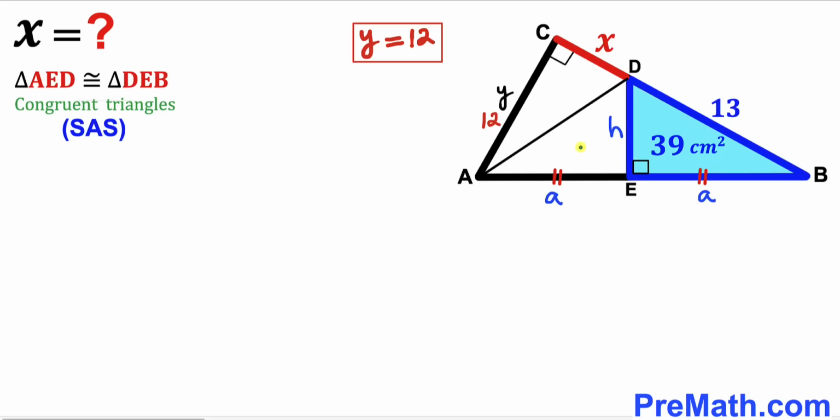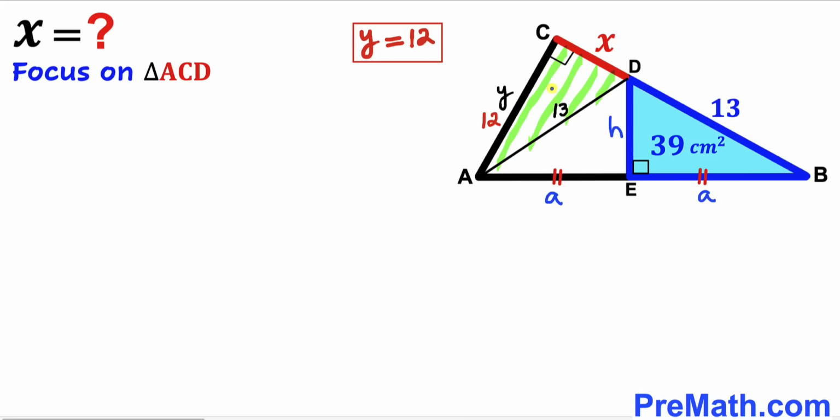And since these triangles are congruent, we conclude that this segment AD is going to be equal to the segment BD. We are talking about this AD segment is going to be equal to BD segment, and our BD segment is 13 centimeter. So our AD segment has got to be 13 centimeter as well. And now let's focus on this right triangle ACD.